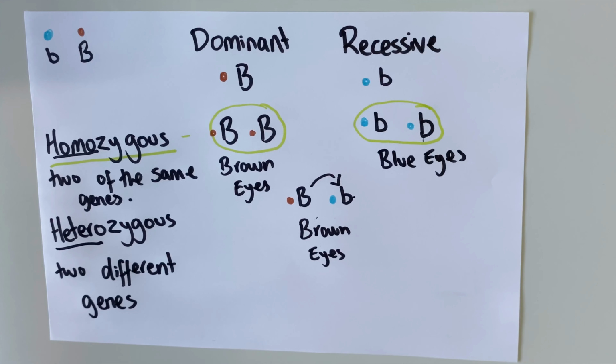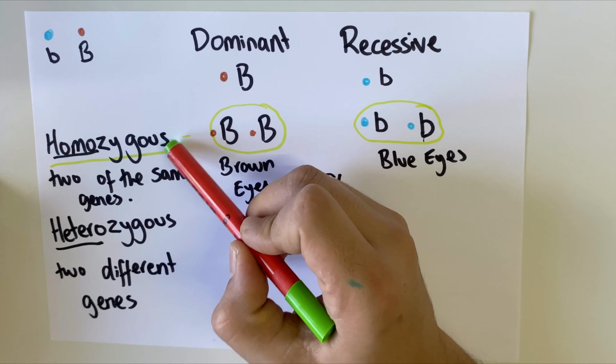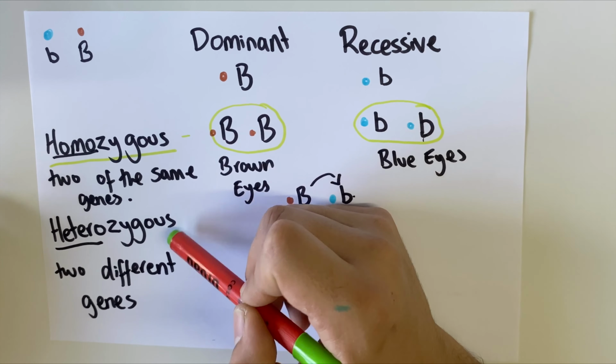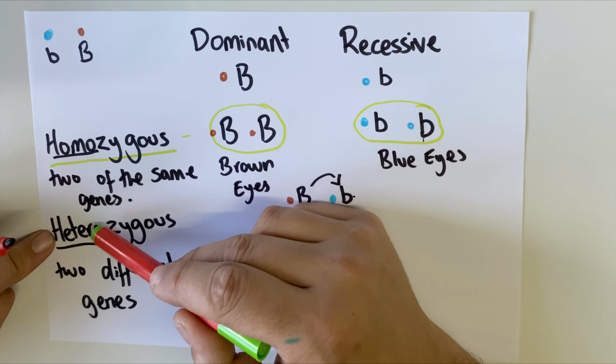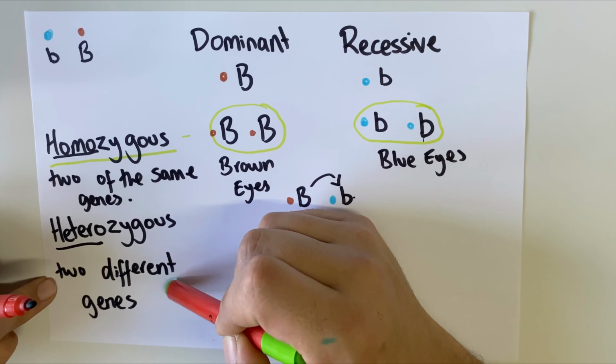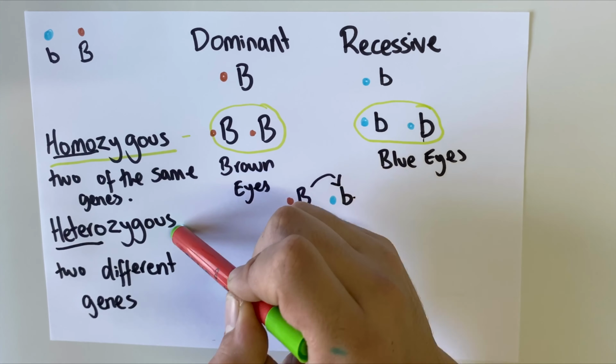So once an egg becomes fertilized in any organism, whether it's humans or otherwise, when sexual reproduction creates a fertilized egg, we call that a zygote. So that's what the zygous comes from here. The homo means 2 of the same. Hetero means 2 different genes within an organism, within a fertilized embryo.